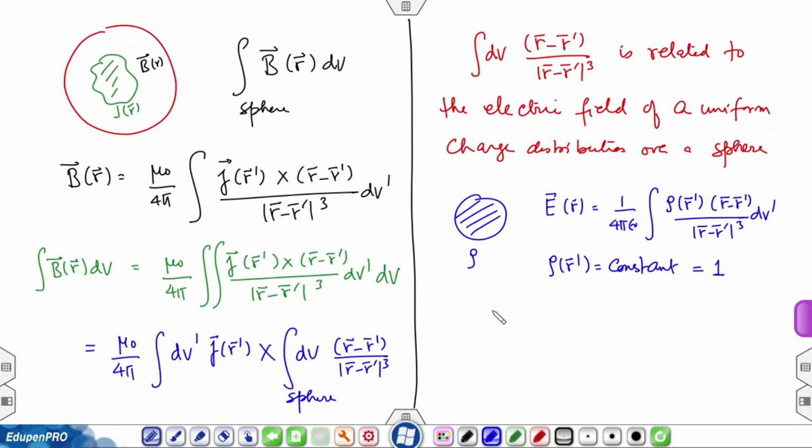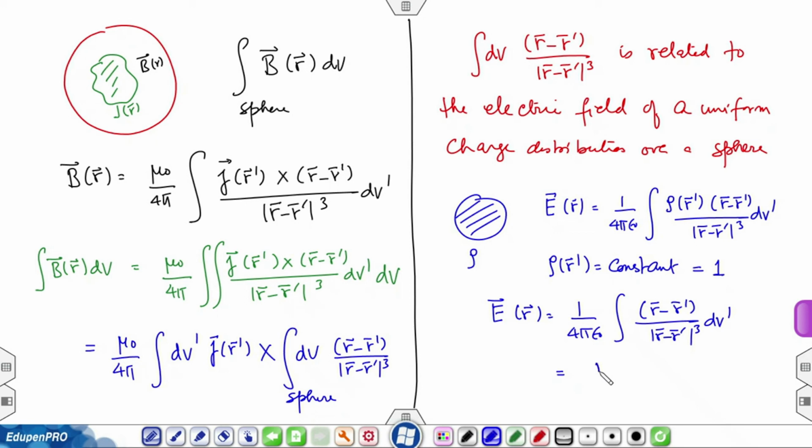Then E(r) is equal to 1 over 4 pi epsilon 0 integral (r minus r prime) over |r minus r prime| cubed dV prime. And this, by Gauss's law, I know is rho over 3 epsilon 0 r.